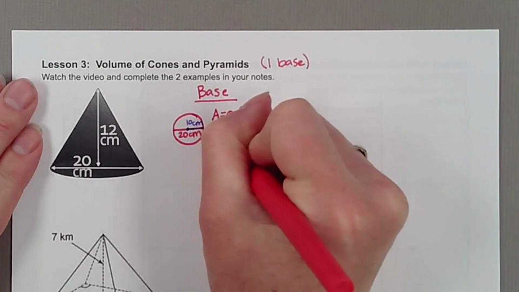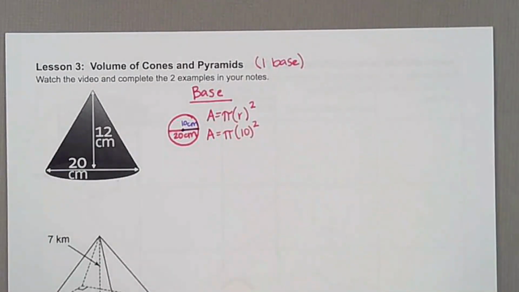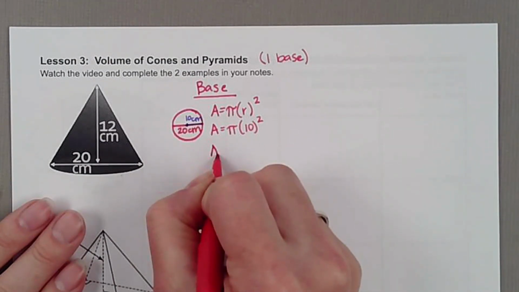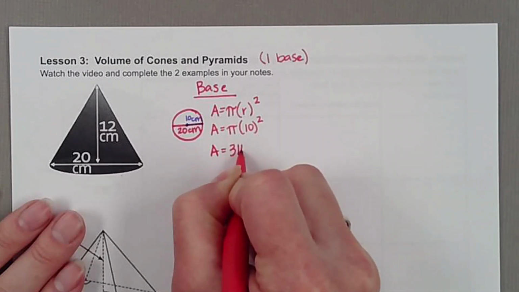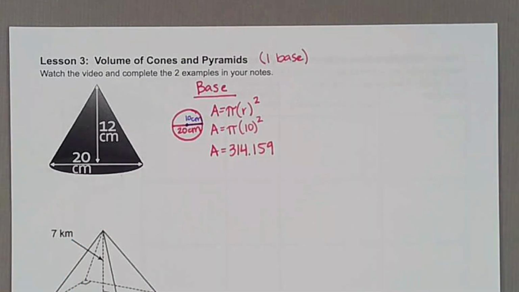Plugging that into my formula now, I have pi times 10 squared. And then you can type that into your calculator. I already did, and I got 314.159. That is the area of the circle, but that's not what this problem is about.